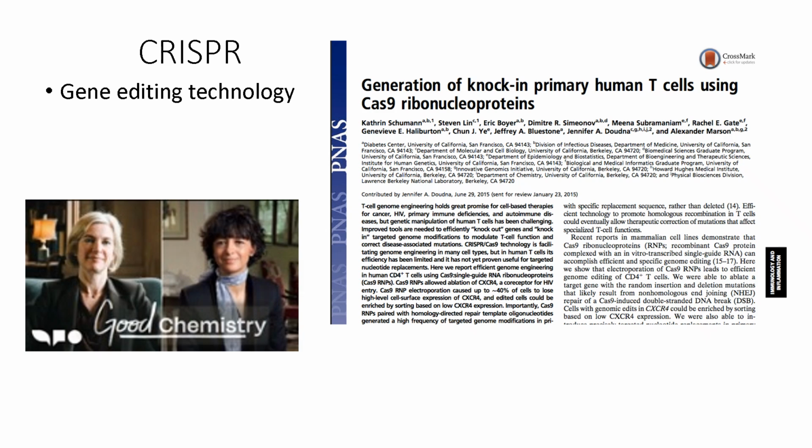This system can be programmed to target virtually any DNA sequence, where it creates a double-strand break. The cell's natural repair mechanisms then introduce insertions, deletions, or even specific gene edits through homologous recombination or non-homologous end joining. CRISPR has transformed molecular biology and is now widely used in research, biotechnology, and clinical applications.